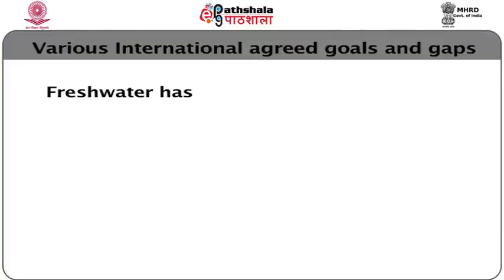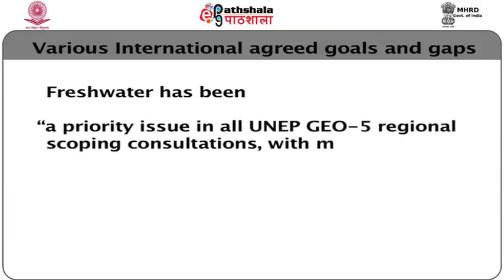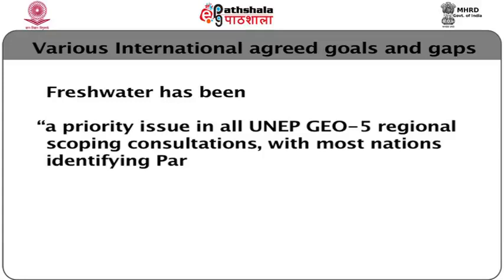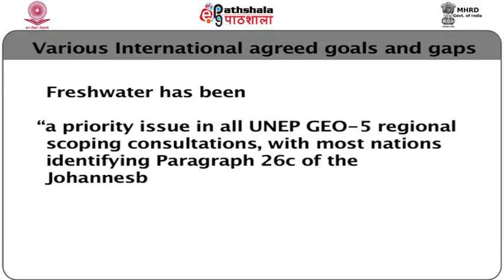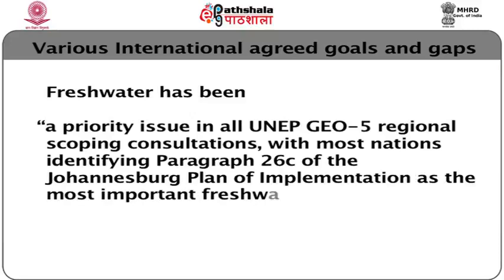Now, let us have a look at the various internationally agreed goals and the gaps. Let us identify where we are actually lagging behind. Freshwater has been a priority issue in all UNEP GEO-5 regional scoping consultations, with most nations identifying paragraph 26C of the Johannesburg Plan of Implementation as the most important freshwater goal.